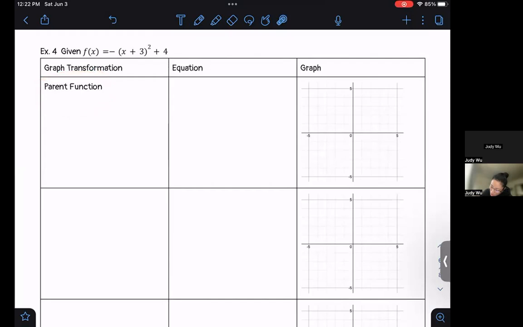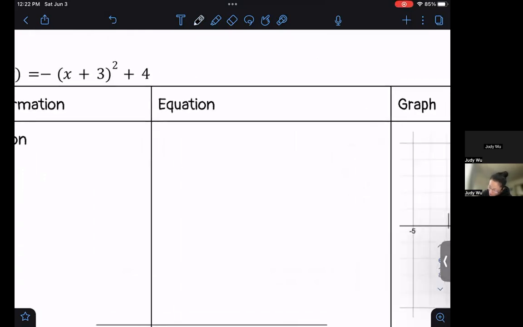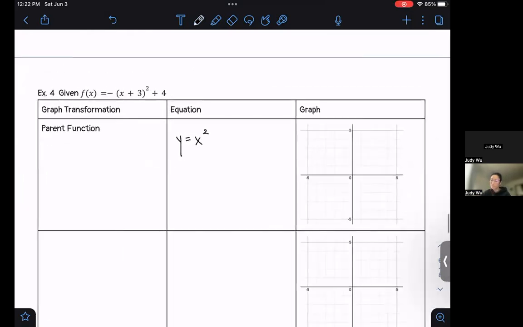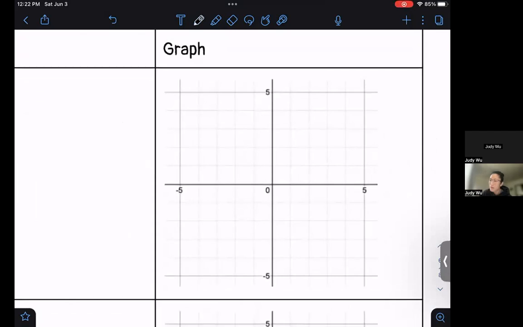And so in here, I notice that we've got a squared. And so what that means is my parent function is actually y equals x squared. Okay, that means this is the picture that I'm starting with. So let's start with a parabola, and I'd like us to mark off 5 exact points. Okay, so I know 0 squared is 0, 1 squared is 1, and 2 squared is 4.